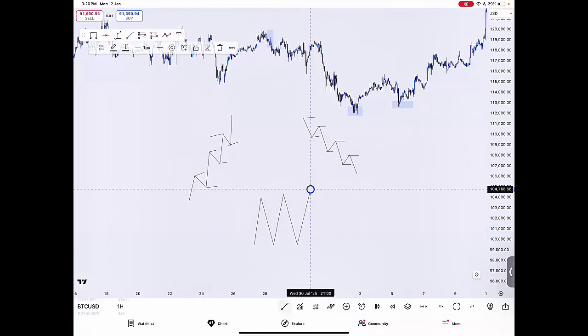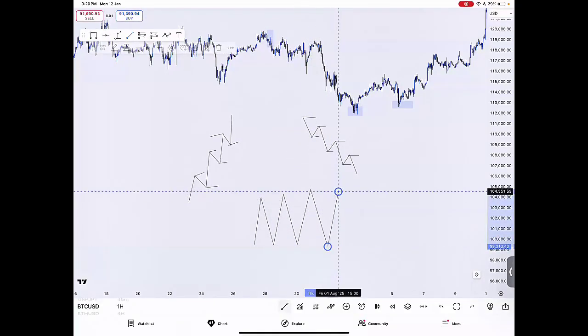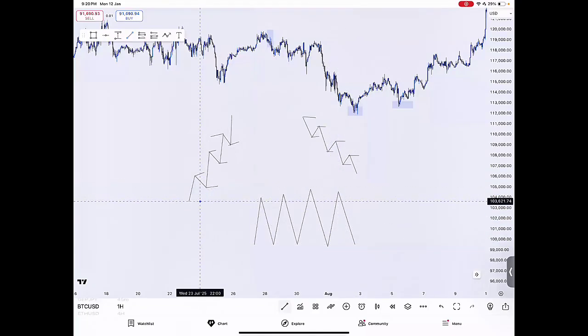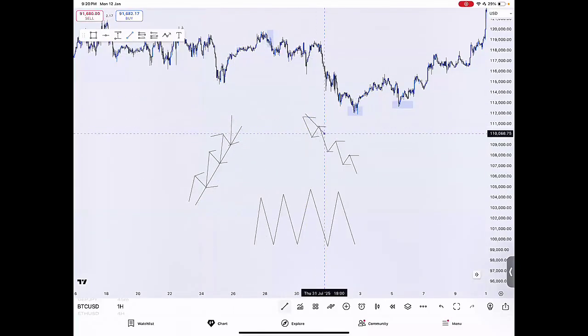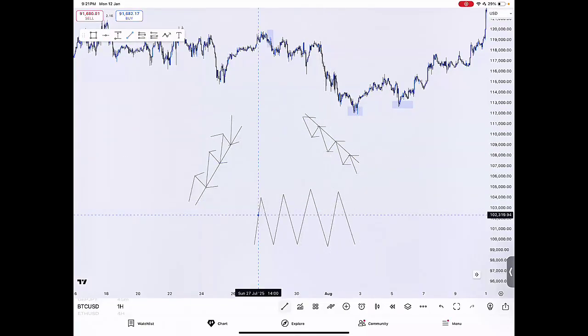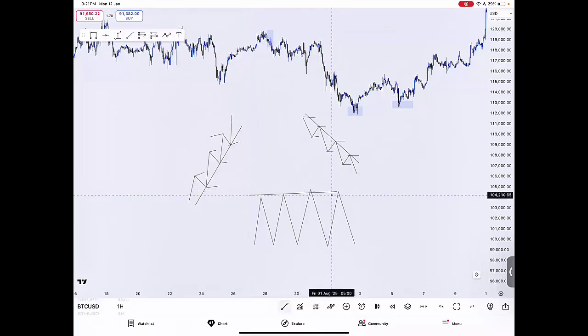This is what you call a ranging market. If you draw a line for the uptrend, you can tell that market is trending up because of how slanted the line will be to the upside. If you draw the downtrend, you can tell it's trending down because the line will be slanted to the downside. But if you try that for ranging markets, you can't really tell whether market is trending up or down. Instead, what you will see is price moving in a horizontal pattern.